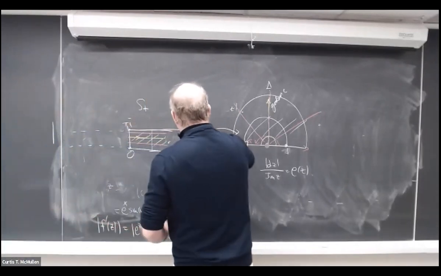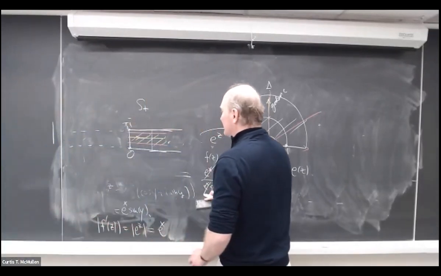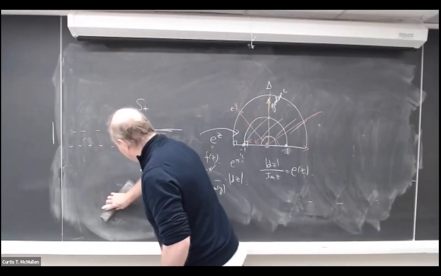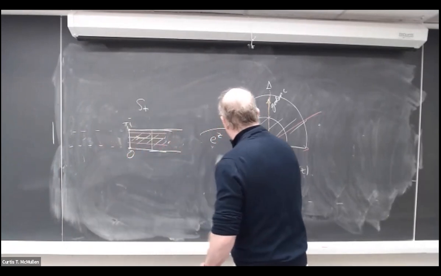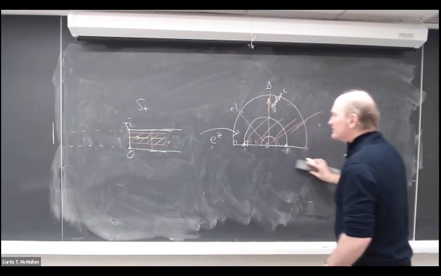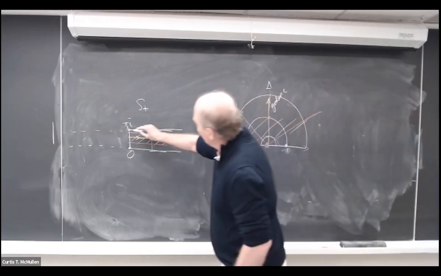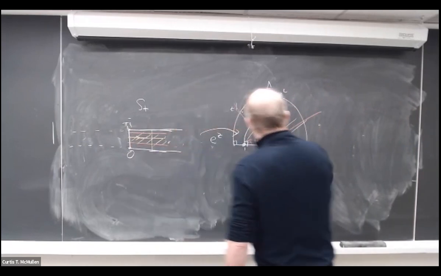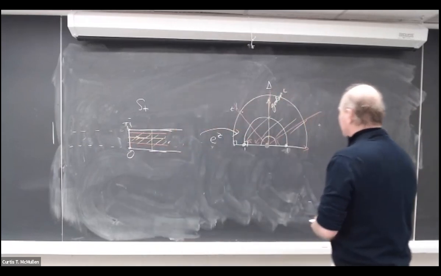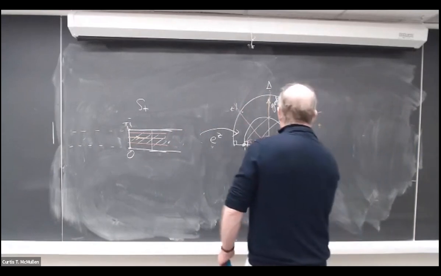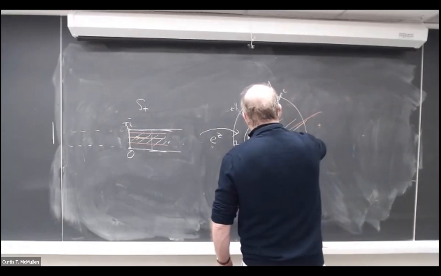Now, can I map this to the upper half plane? How could I possibly? It doesn't seem very plausible that this is going to work. Well, what happens if I try my old friend e to the z? What happens is, as we already saw, this vertical line goes to the geodesic joining -1 to 1, but then this is where the other half of the strip maps.